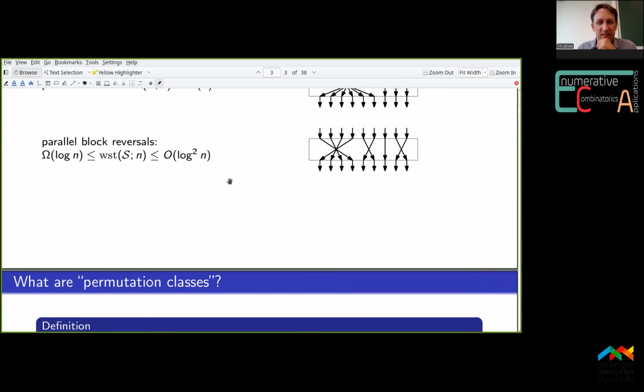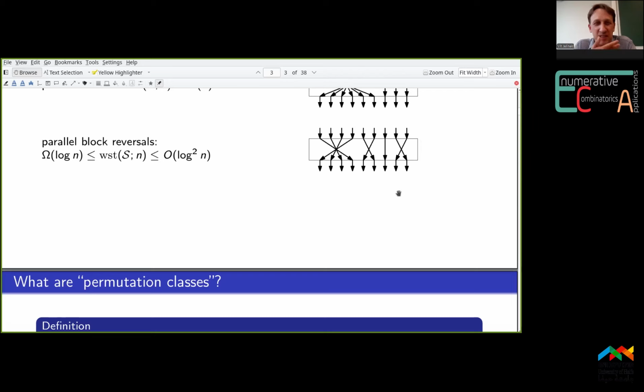And unfortunately, in some cases, I don't even have this level of precision. Here's a type of operation known as parallel block reversal, which does this. It partitions the input into blocks of consecutive entries, any number of blocks, any size of blocks, and then in one step, I reverse each block.